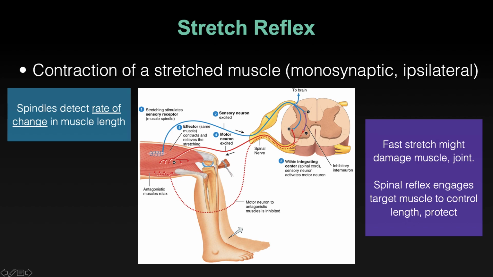The stretch reflex will avoid it by engaging the muscle to oppose the stretch. That makes sense. If a muscle's sitting at rest and then something sharply tugs at it, I don't want that to happen, so I can contract the muscle and prevent that tugging, to oppose that tugging or oppose that stretch. So the spindles in this case are fairly static.